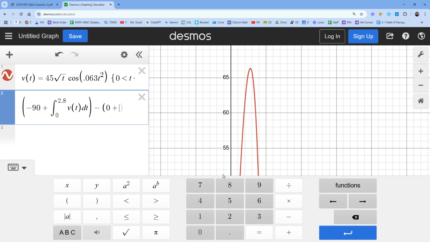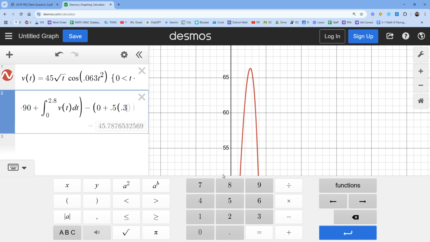which is 0 plus. Now, for this one, I'm going to do the Riemann sum that I didn't calculate out. So if you go back to part B, I'm going to just type in exactly what part B is. So I'm going to do that now. So in part B, 0 to 2.8 was 1/2. I'm just going to put in 0.5.